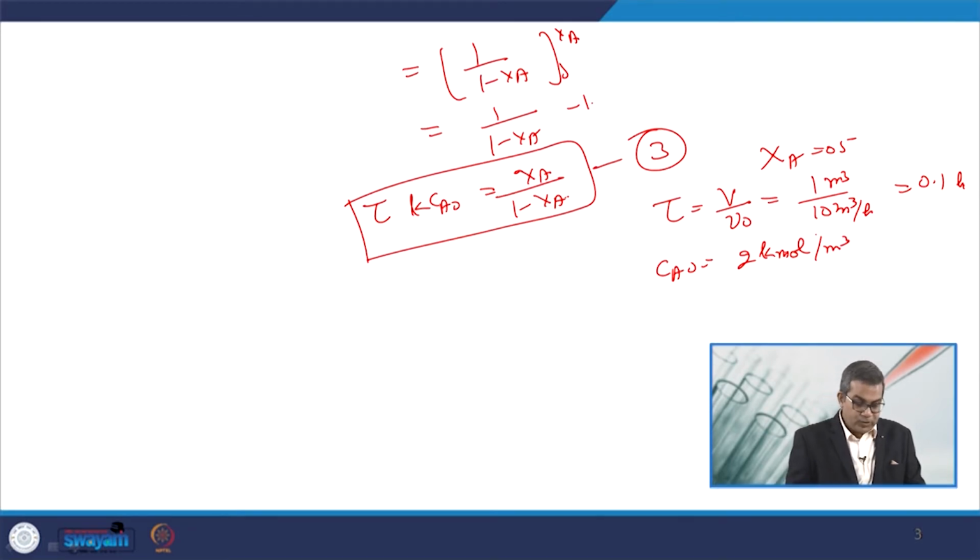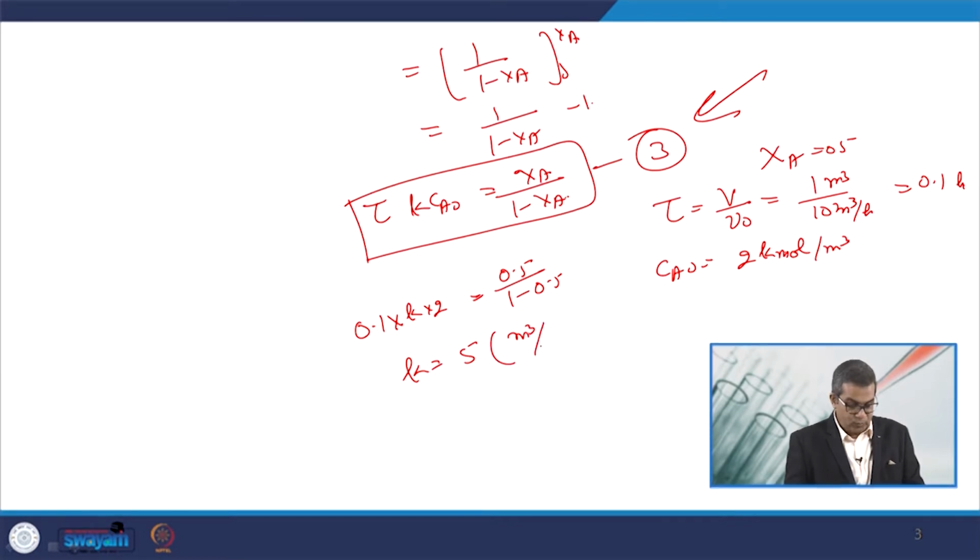If we substitute all these values in this equation, we have 0.1 into K into 2 is equal to 0.5 upon 1 minus 0.5, and K is equal to 5 meter cube per kilomole hour.